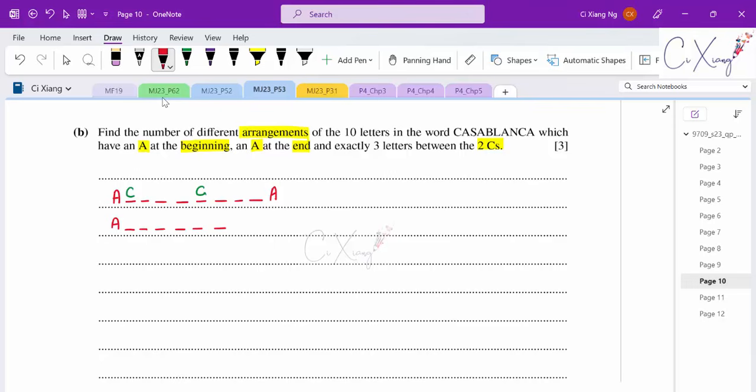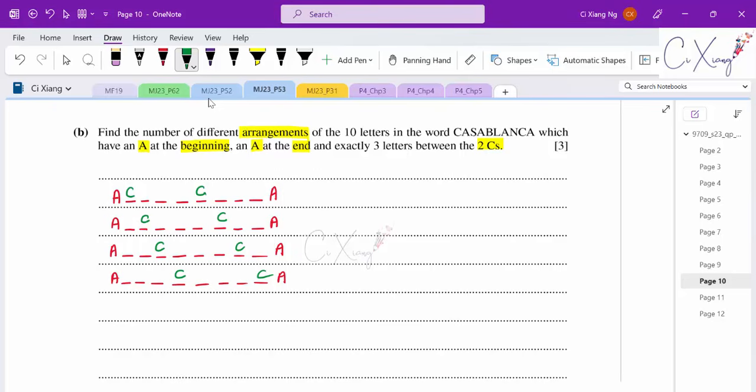We can also have the C here, then 1, 2, 3, and the C here. Then the next possible layout will be something like this, and one last one will be somewhere here. So these are the possible cases that I have.